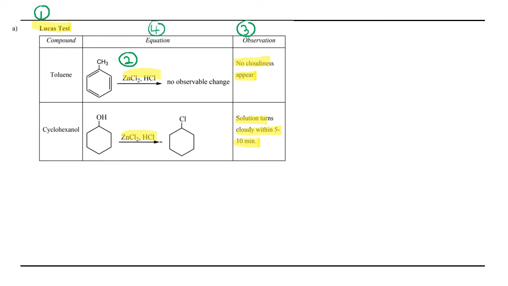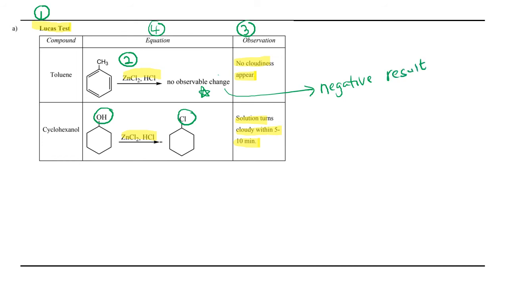When you give the equation, if there is no reaction, you write down the reactant and then no observable change, for the negative result. While for the positive result, you have to show the hydroxyl group being replaced by the Cl from the zinc chloride.